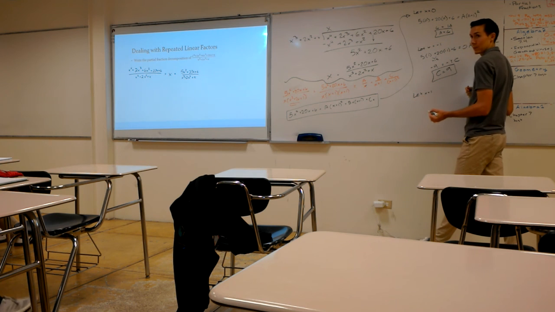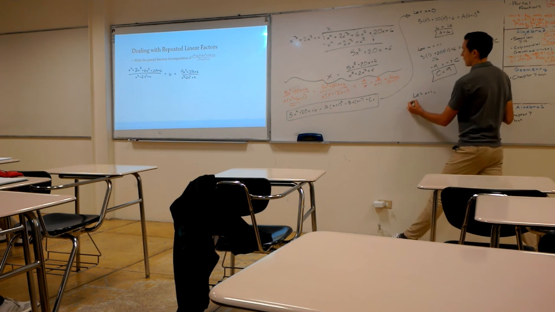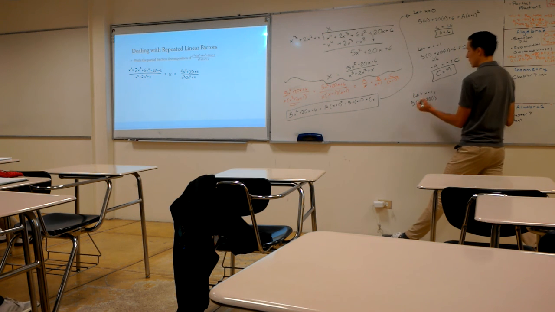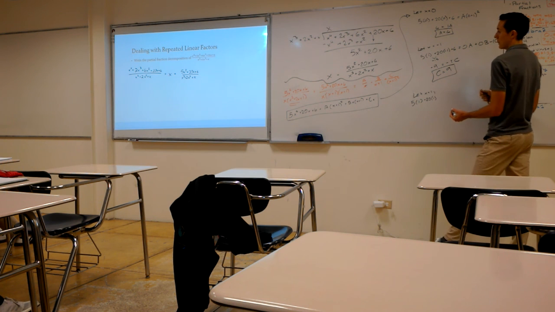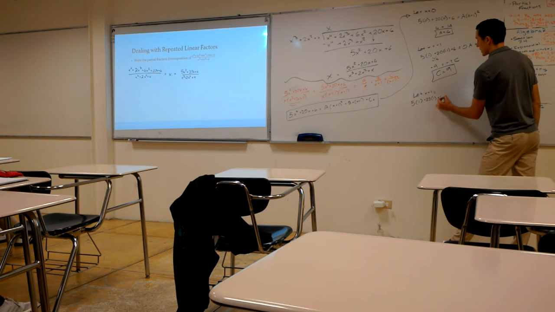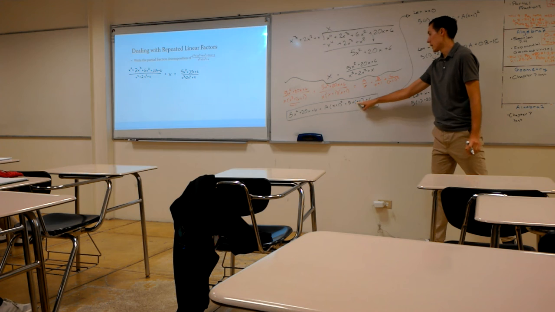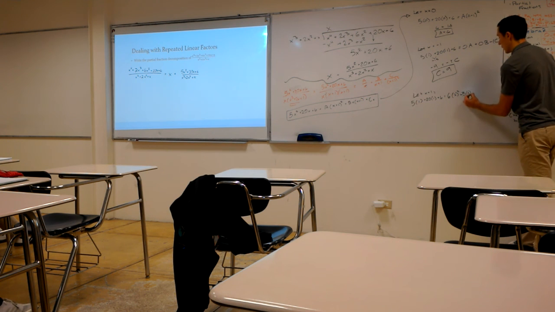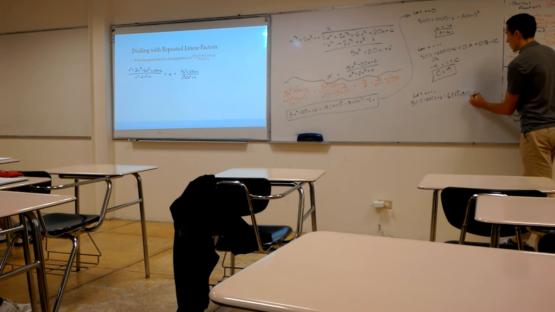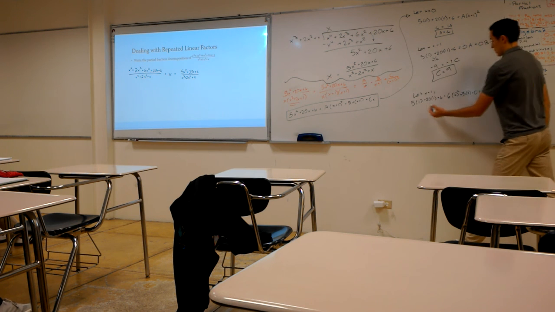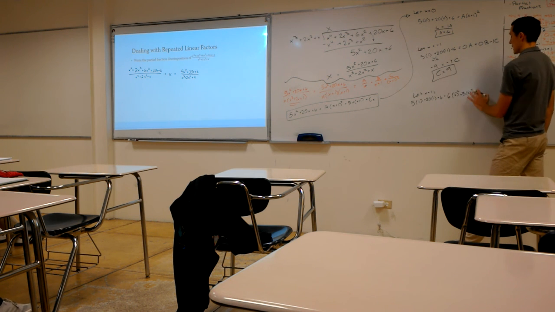Okay, that's probably easier. So now it's going to look like 5 times 1 plus 20 times 1 plus 6 equals, A is 6, so it's 6 times 2 squared plus B times 1 times 2, plus C times 1, and C is 9, so times 9.